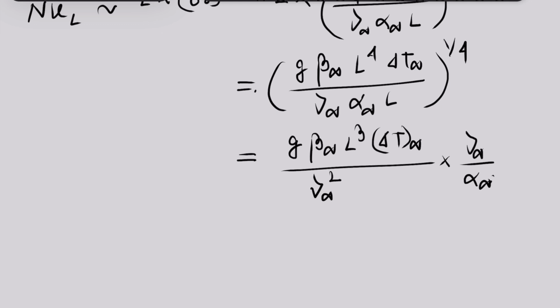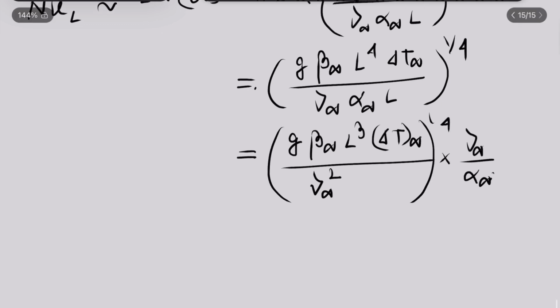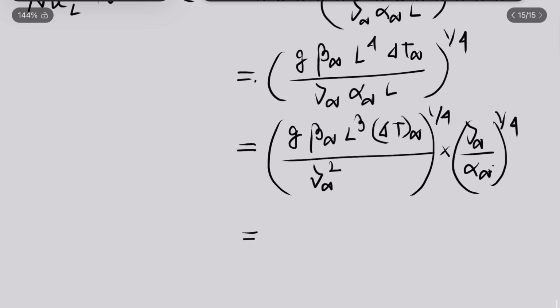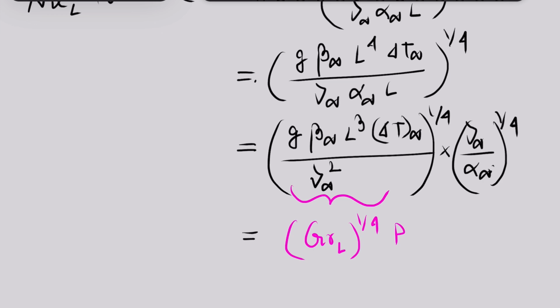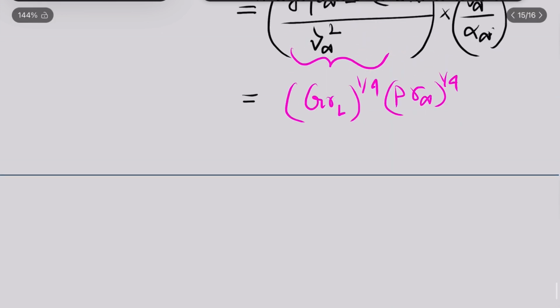Whole to the power 1 by 4. So now this is a non-dimensional number known as the Grashof number based on the length L, and this is the Prandtl number. Further, this Grashof number into Prandtl number is equal to the Rayleigh number based on the length L, whole to the power 1 by 4.